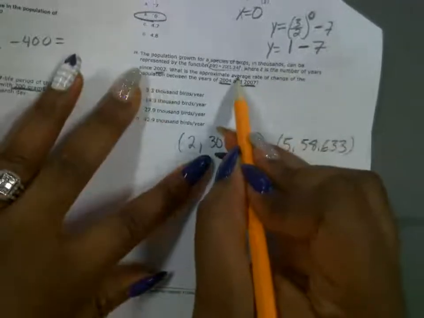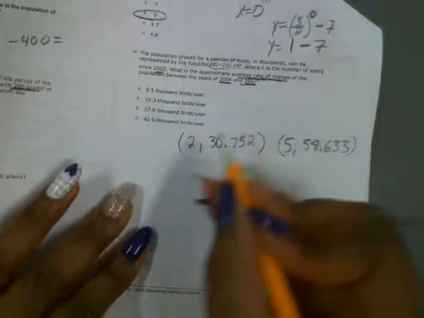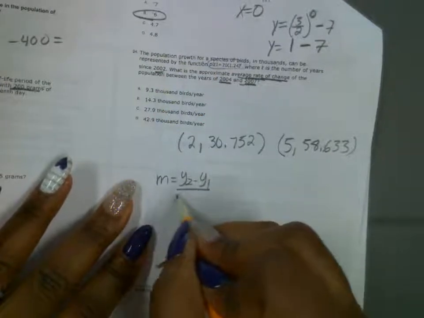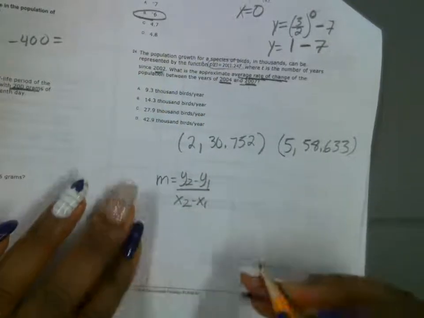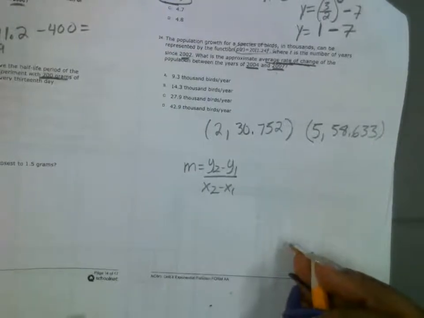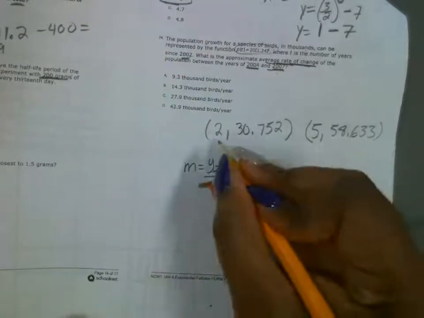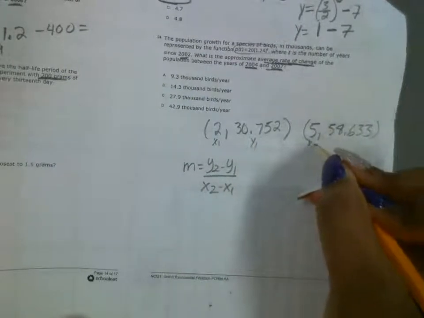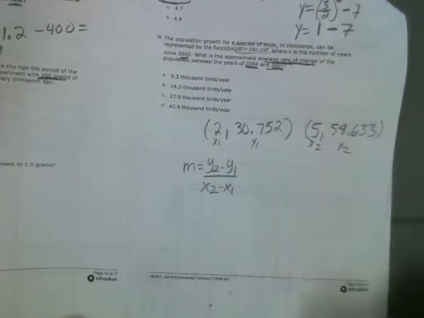So now we've got to find the average rate of change. So you use the slope formula, y2 minus y1 over x2 minus x1. So now you're going to label these points. This is x1, y1, x2, y2.